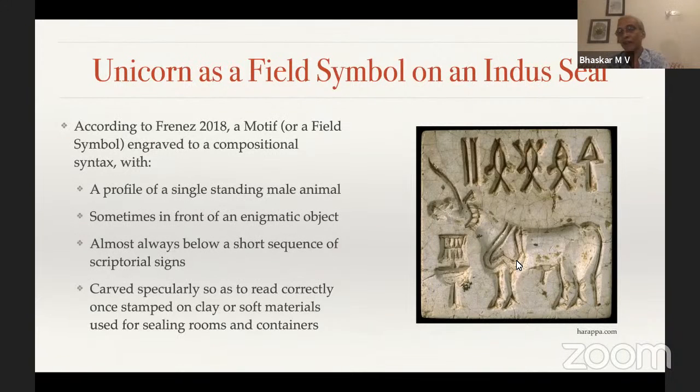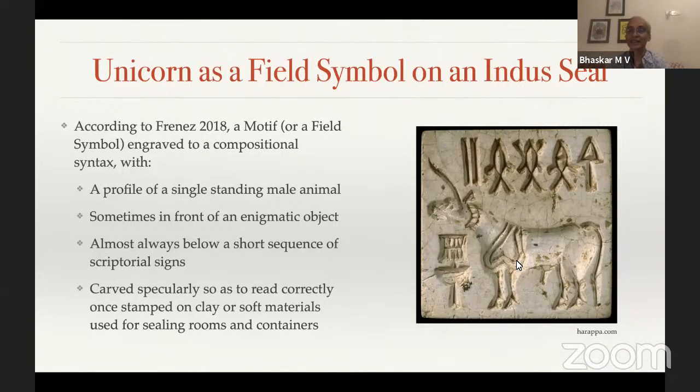The text is carved in mirror image so that it can be read correctly once stamped on clay or other soft materials, which are basically used for sealing rooms and containers. It is suggested by Frenez and many archaeologists that these seals were used to seal rooms.